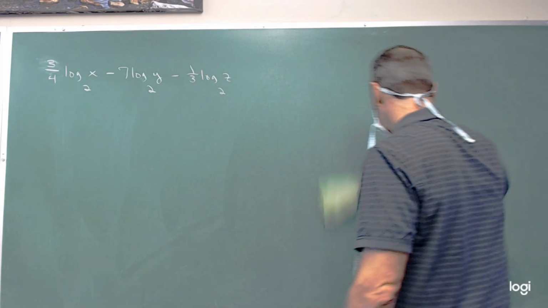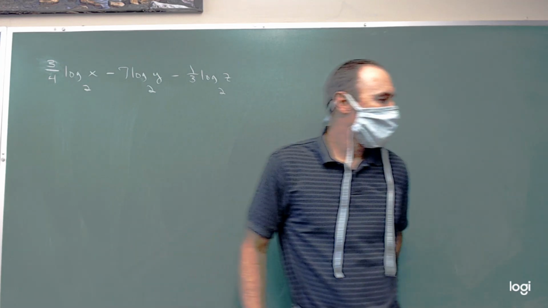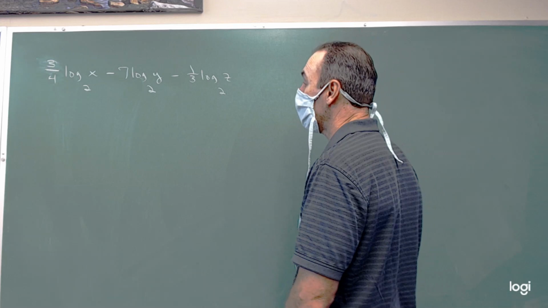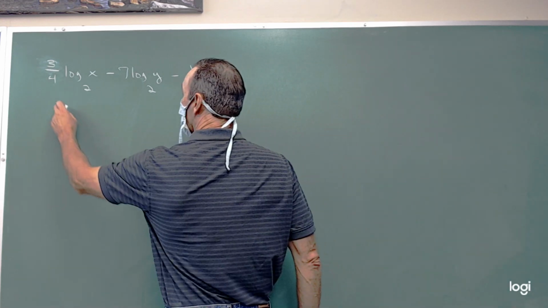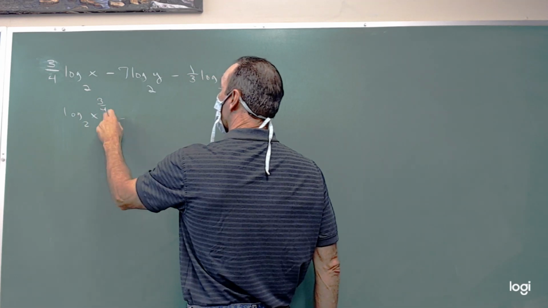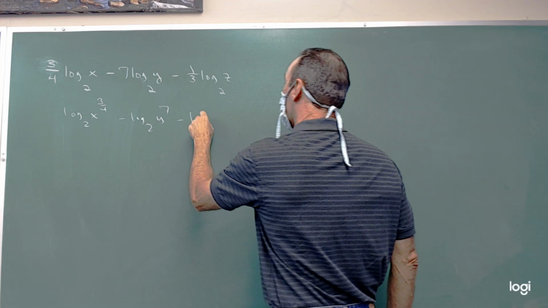We're going to condense that into a single logarithm. You don't know? Well, the idea is something like this. So I'll do this kind of briefly. We're going to make that 3/4 an exponent on x. We're going to make that logarithm base 2 of y to the 7th, and the logarithm base 2 of z.